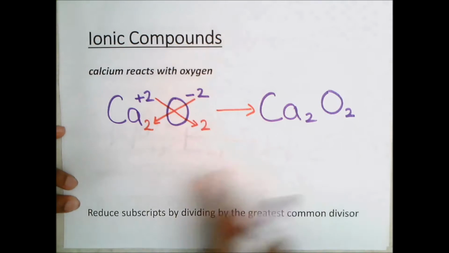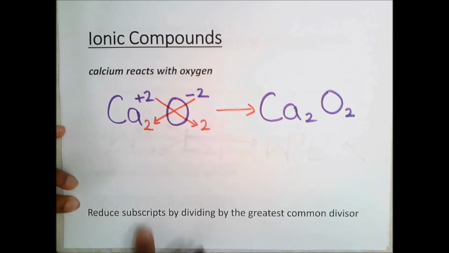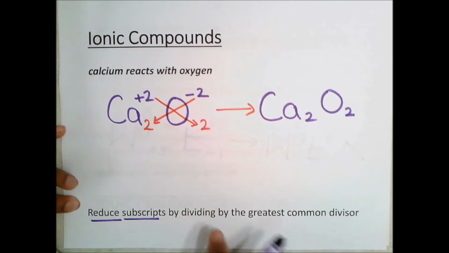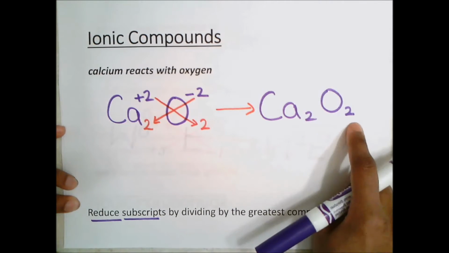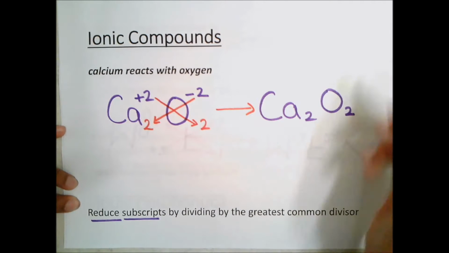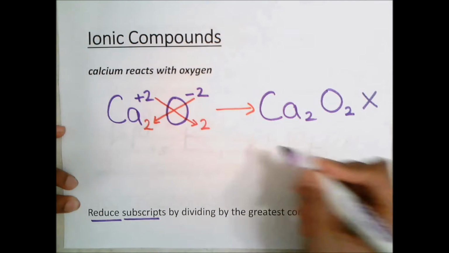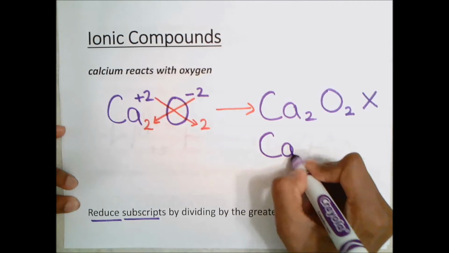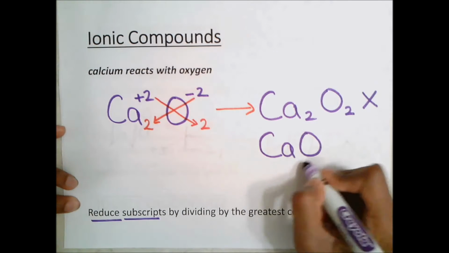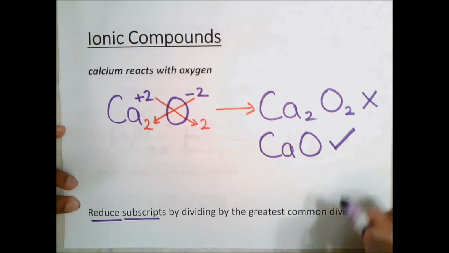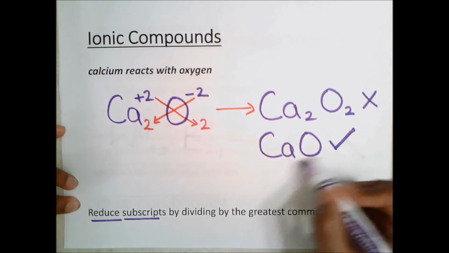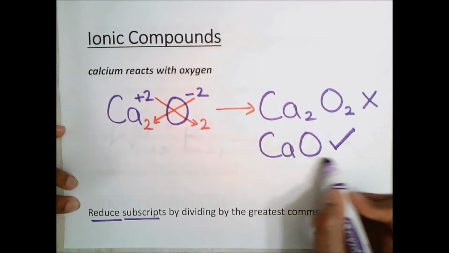The last rule is that you want to reduce the subscripts by dividing by the greatest common divisor. So both of these can be reduced by 2. So this would be incorrect. We want to reduce and divide by 2 for both of them, so we're left with 1 and 1. So this is our final answer. They don't have to disappear for both of them, but you want to reduce as much as possible.